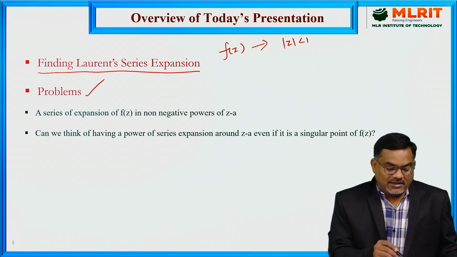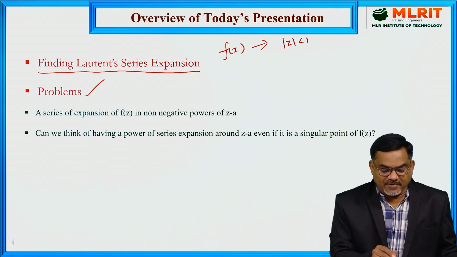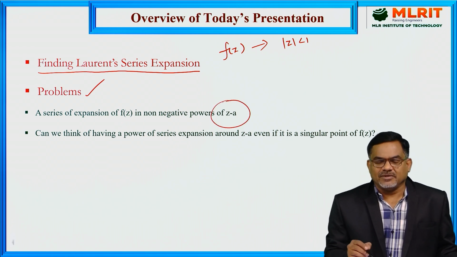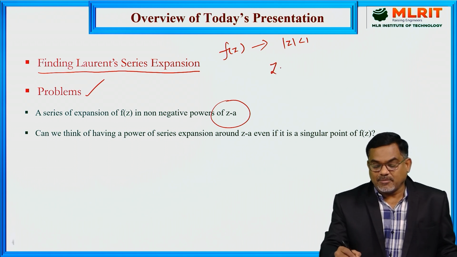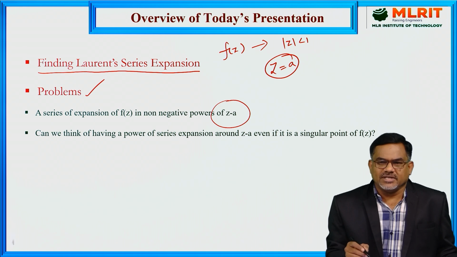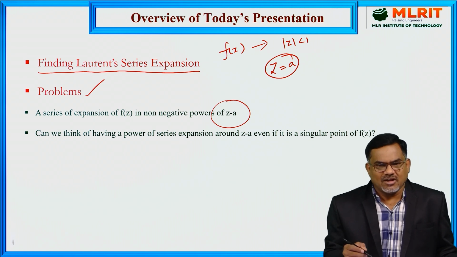And here a series expansion of f of z in non-negative powers of z minus a is possible using these expansions. In powers of z minus a, that means about a point z equal to a. Some of those series are Taylor series, Maclaurin series and Laurent series.